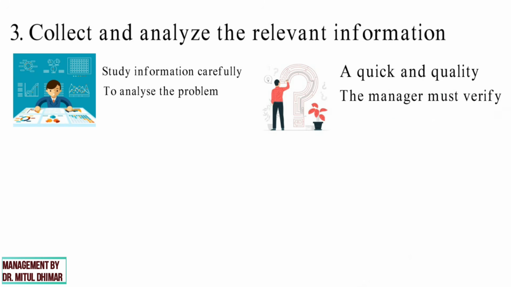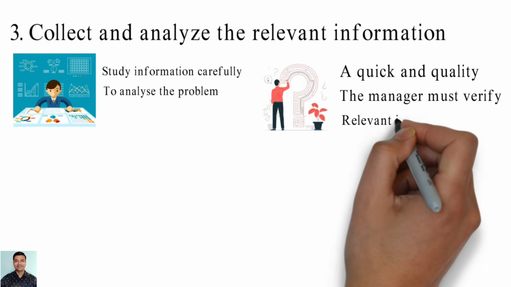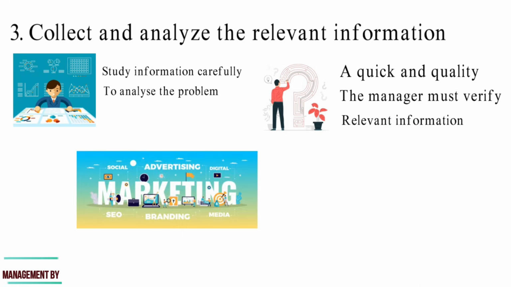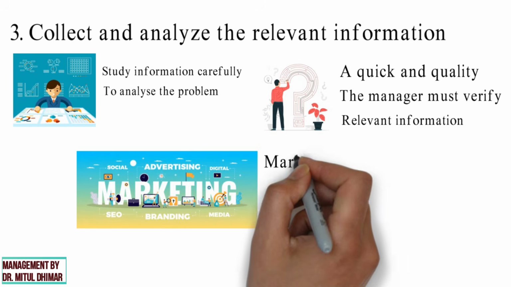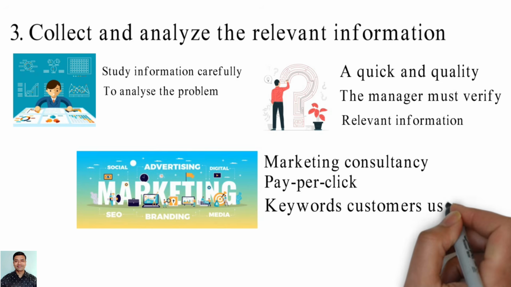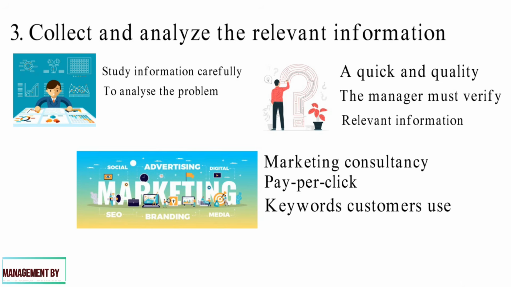The manager must verify that only the relevant information alone is collected and analyzed. For example, if you own a marketing consultancy and you are considering a pay-per-click advertising campaign, you may want to have information such as which keyword customers use most when searching for results related to consulting.